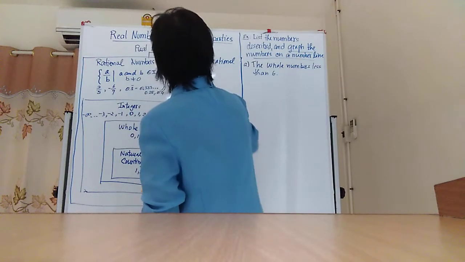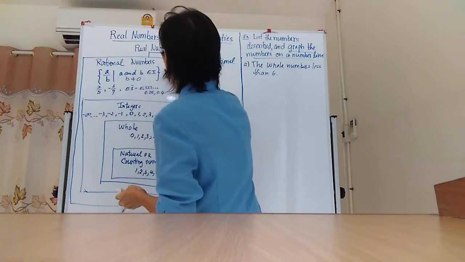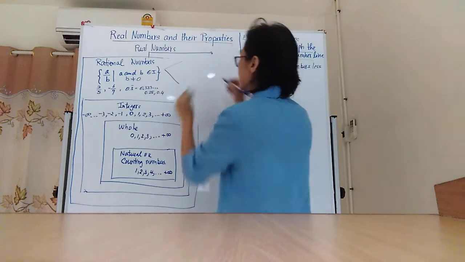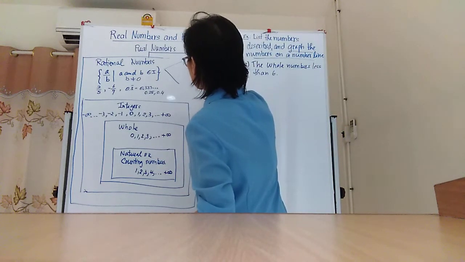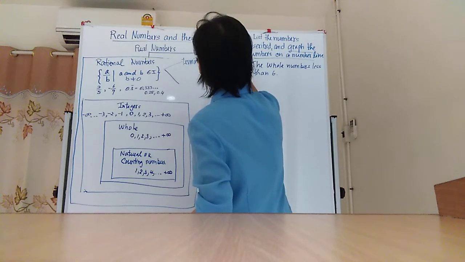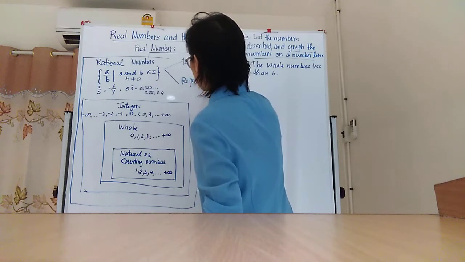I have to relate this one first. For the rational numbers, I relate this one first. Okay. So this one has terminating decimal, and this is a repeating decimal.